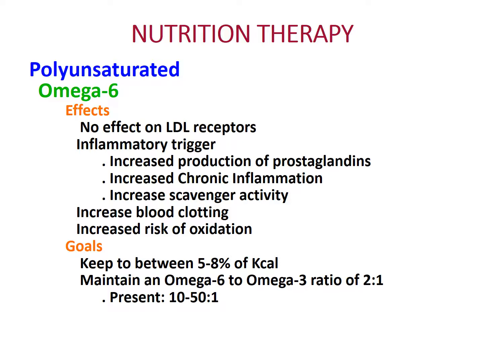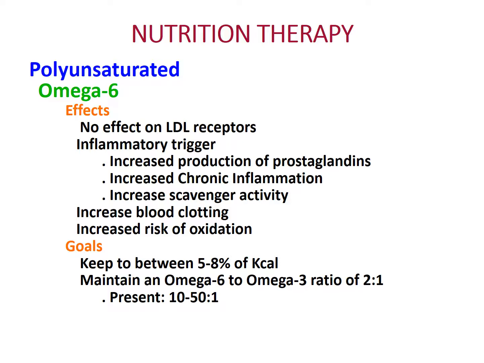They are not recommended. The problem is we're eating a lot of omega-6s, as you can see under the goals. At present, depending on who you are and where you live, we can get a ratio of 10 to 50 to 1, and our goal is to be at a 2 to 1 ratio, omega-6 to omega-3.